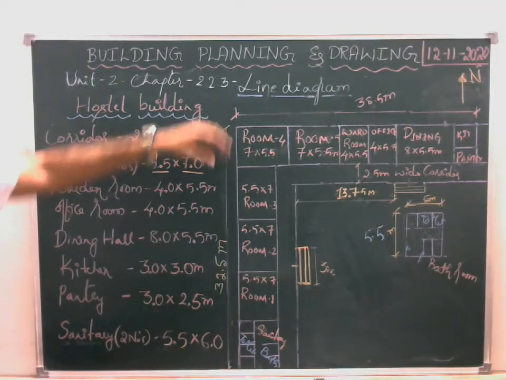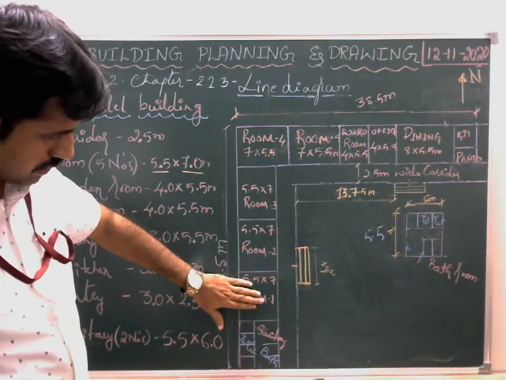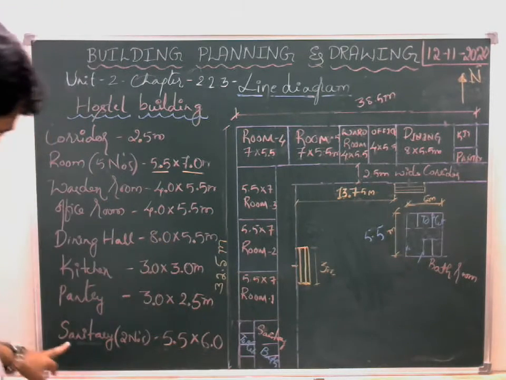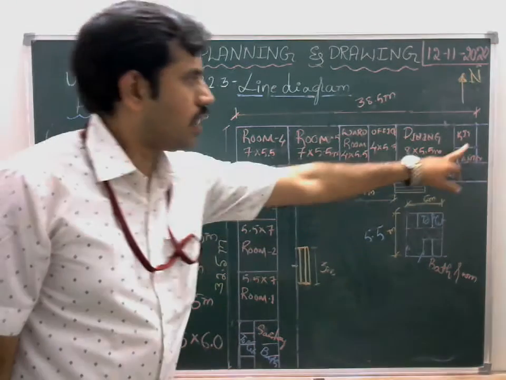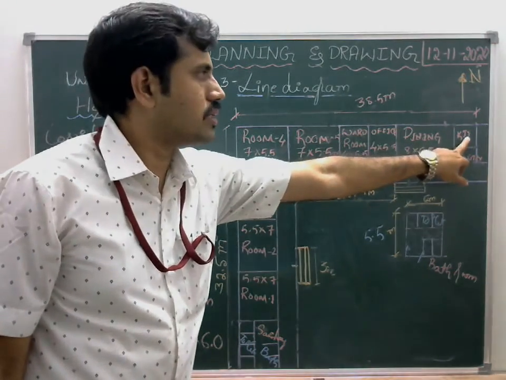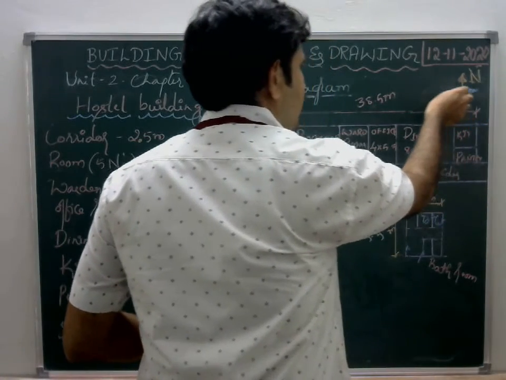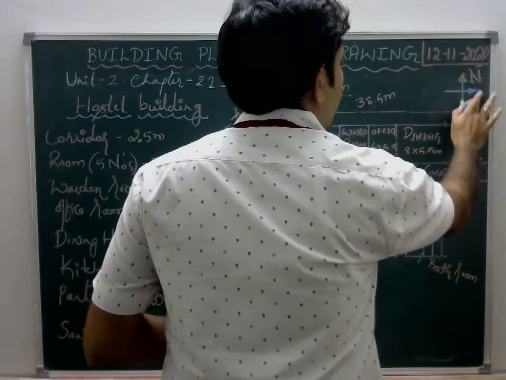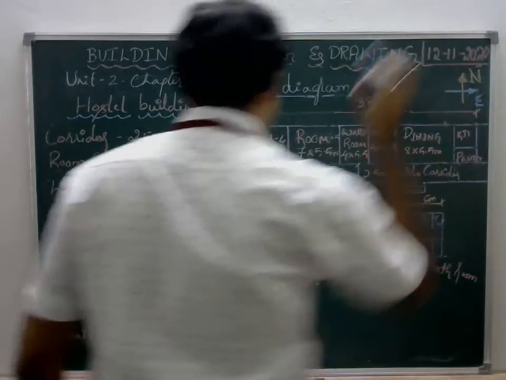Come here once again. I have accommodated 3 rooms along this direction. And in the last part, I have to provide 2 sanitary blocks, one in this direction and another in this direction. If you want to specify with respect to direction, this will be north and this will be east, so we say this is northeast.